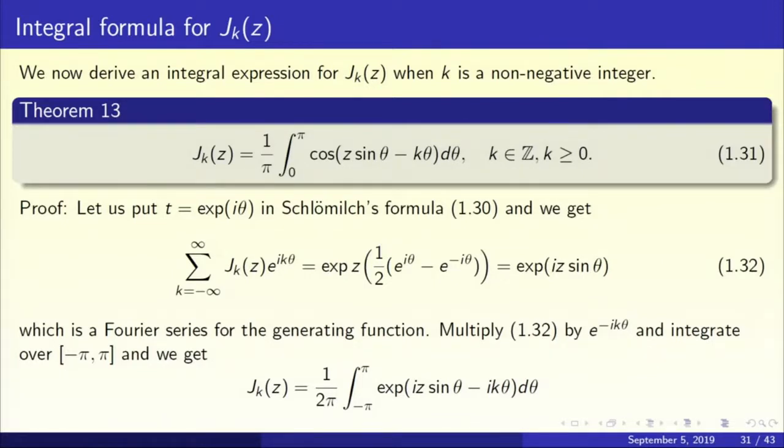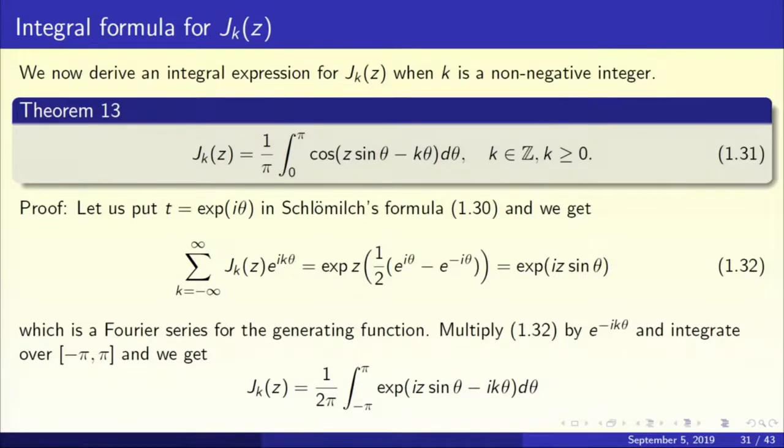Equation 1.31. As I indicated, let us put t equal to e to the power iθ in Schloemilch's formula and we get the summation over k from minus infinity to infinity of J_k(z) e to the power ikθ is exponential of z into 1/2 of (e to the power iθ minus e to the power minus iθ), that is exponential of iz sine θ.